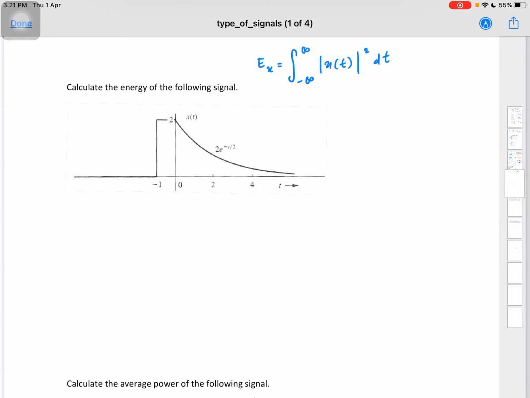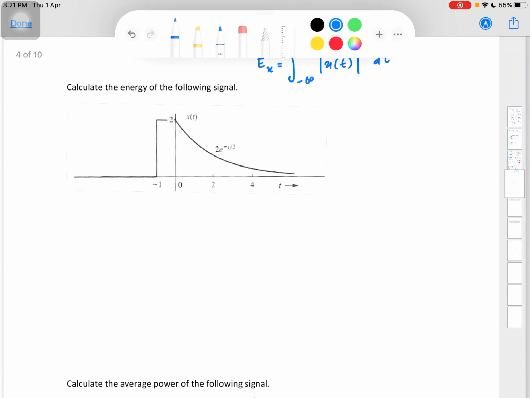Now if we look at this signal, we can see that it is divided into two parts. The first part is this step signal from -1 to 0 with amplitude of 2, and the second part is this exponentially decaying signal, which is from 0 to infinity, and this is the equation for the signal.